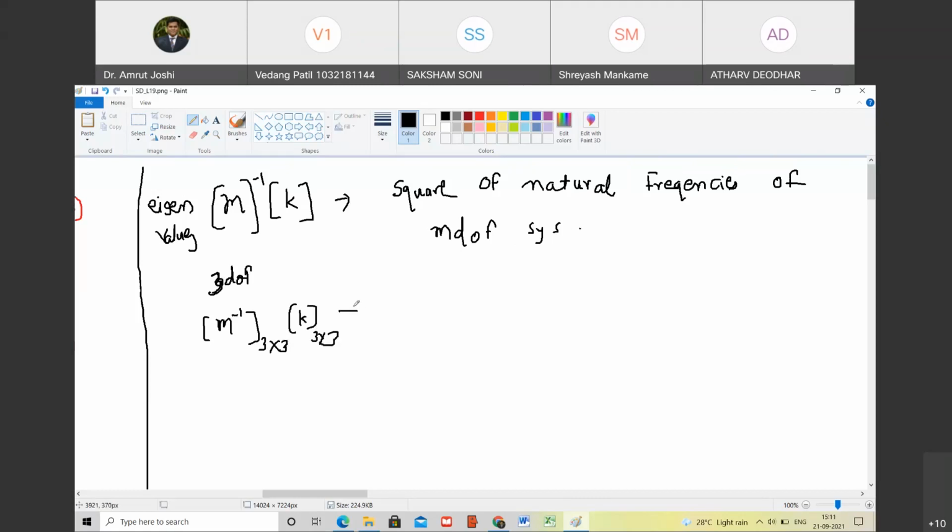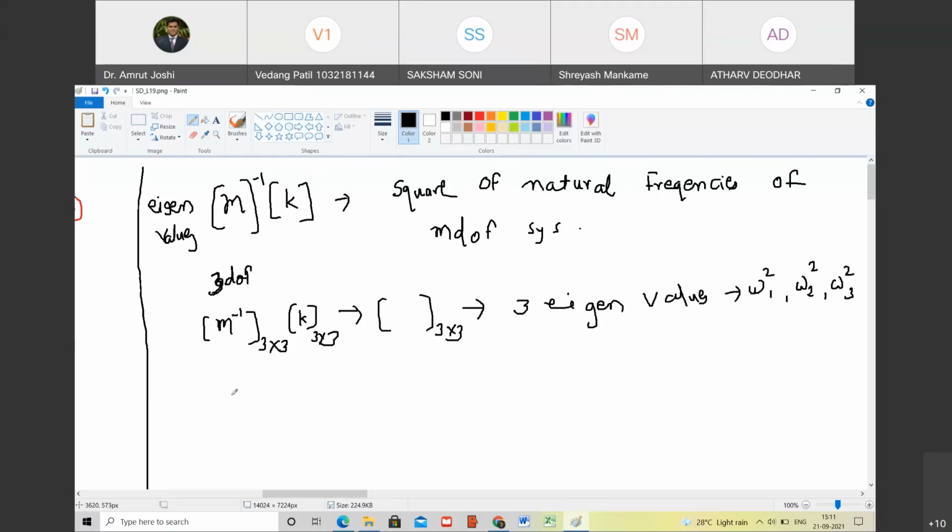What is the size of the K matrix? 3 cross 3. What is the size of the resulting matrix? 3 cross 3. So how many eigenvalues will it have? 3 eigenvalues. Are you with me? Yes, sir. So how many natural frequencies will there be? 3. Equal to omega 1 square, omega 2 square, omega 3 square. Do you agree with me?